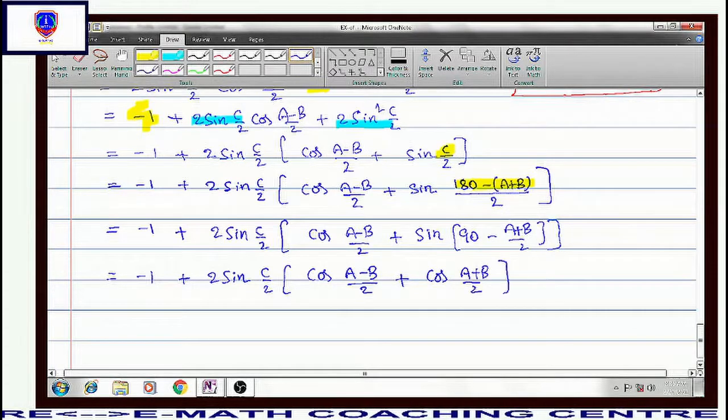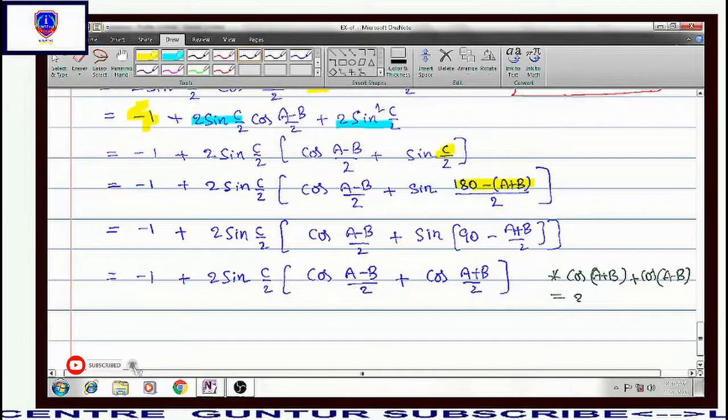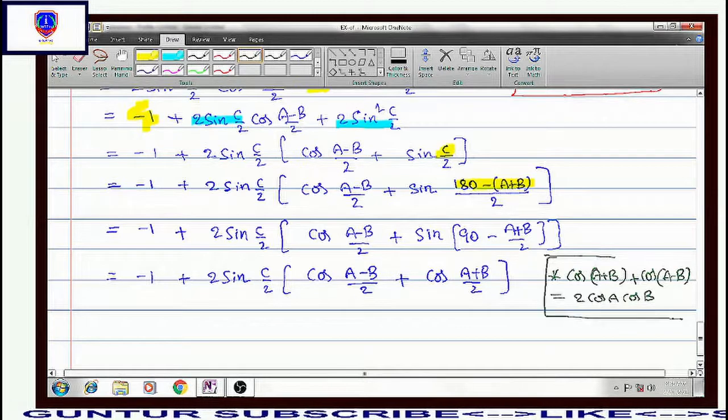Now look at these two terms, they have a formula: cos of (A plus B) plus cos of (A minus B) is nothing but 2 cos A cos B. Here A stands for A by 2 and B stands for B by 2.